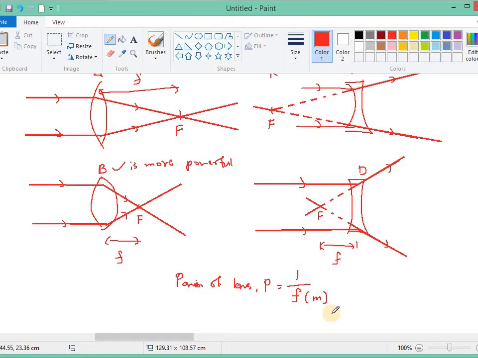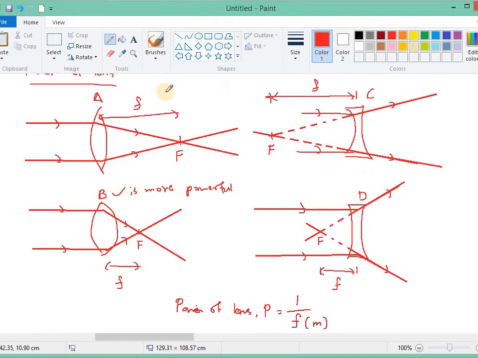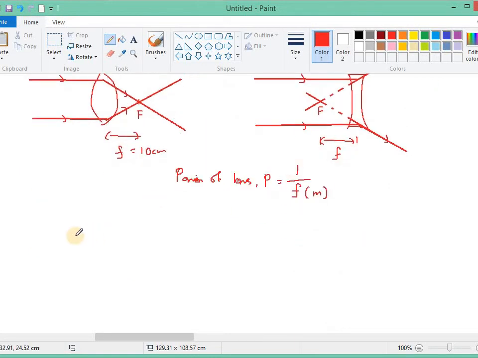So let's say this focal length is 20 centimeter, and this is 10 centimeter, for example.